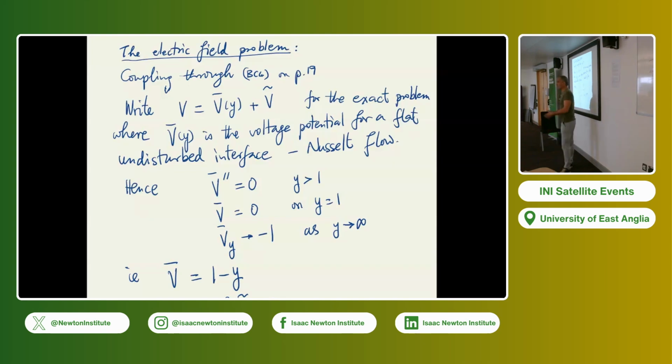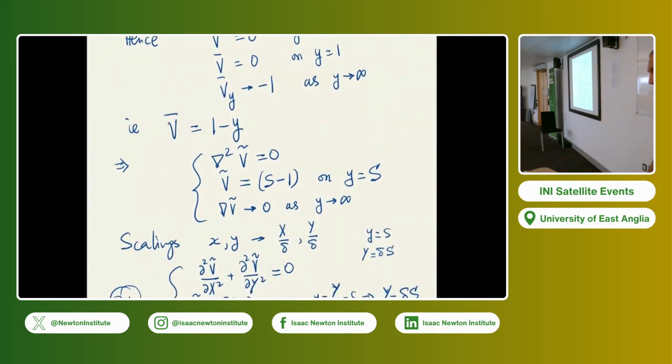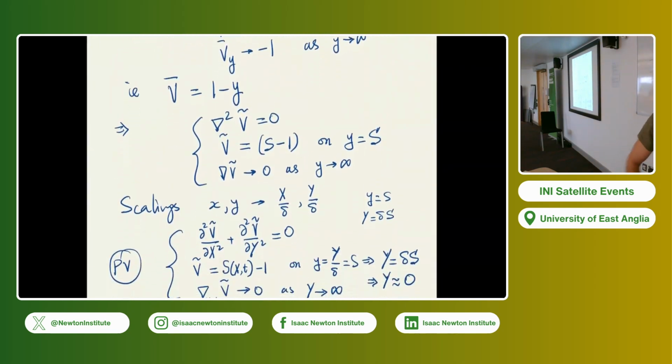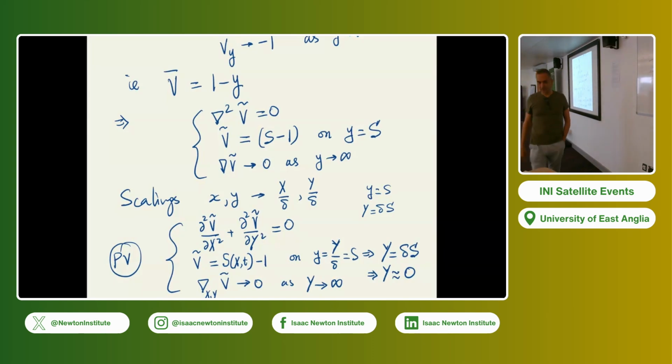Because there's no variation in x, so it's just V bar y is 0. And then applying the boundary conditions, I just get V bar is 1 minus y. Then what's the electric field problem then? Well, the electric field problem, the Laplace operator doesn't change, right? The derivatives there are with respect to big X, big Y now.